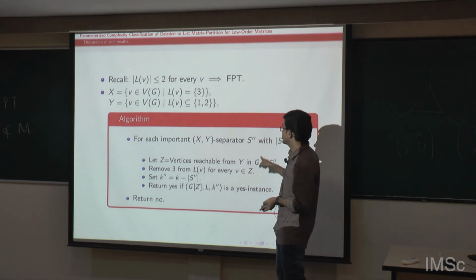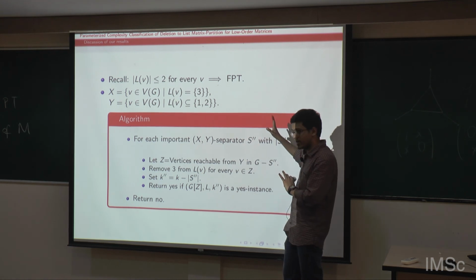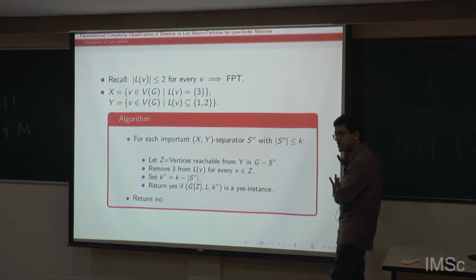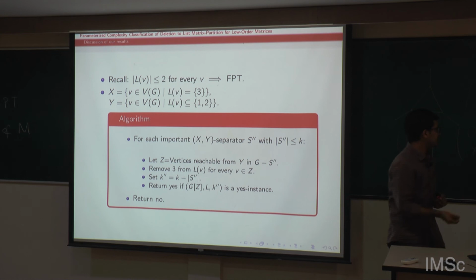So we want this separator to separate X and Y, and we want to delete some more vertices. So what happens if we delete this? We deleted S double prime, so we separated V3 from V1 and V2 with S double prime.